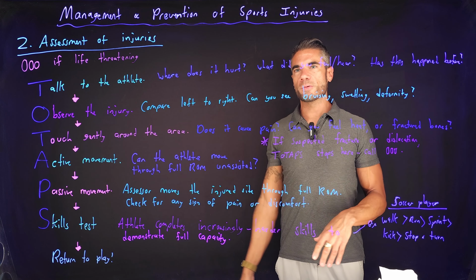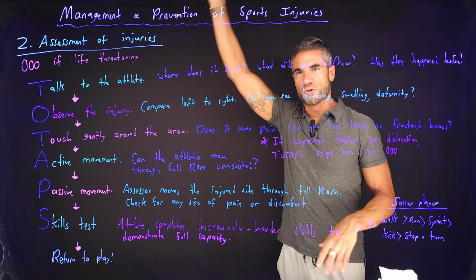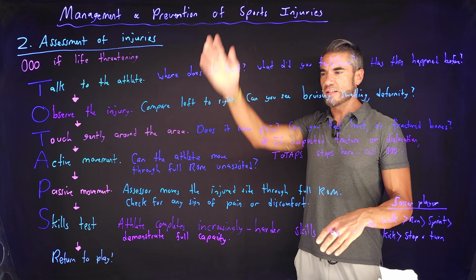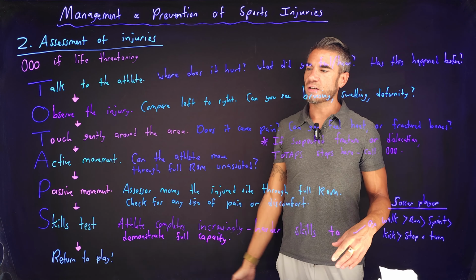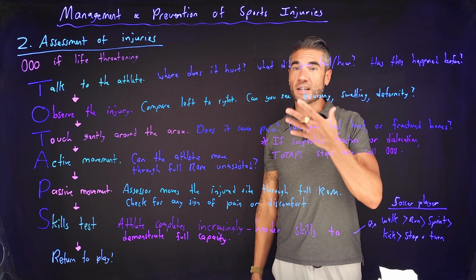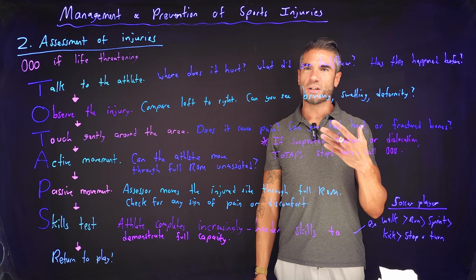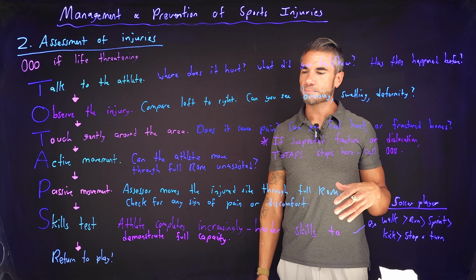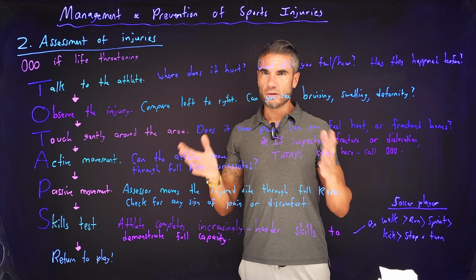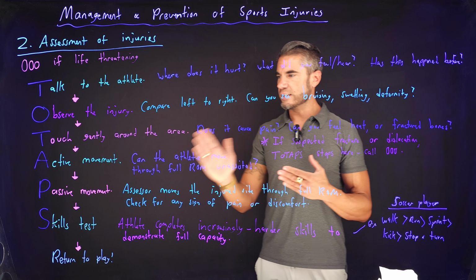If someone else was to grab my arm and move it through a full range of motion, that might cause pain and discomfort. So as the assessor and as the person who's running the TOTAPS procedure, as you do this with your athlete, you are looking for signs of pain or discomfort, usually in their face or their breathing, just those signs that someone's hurt.